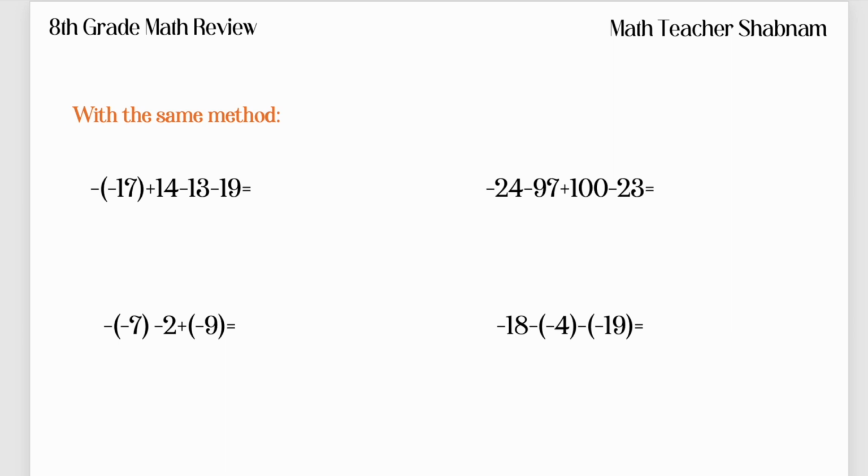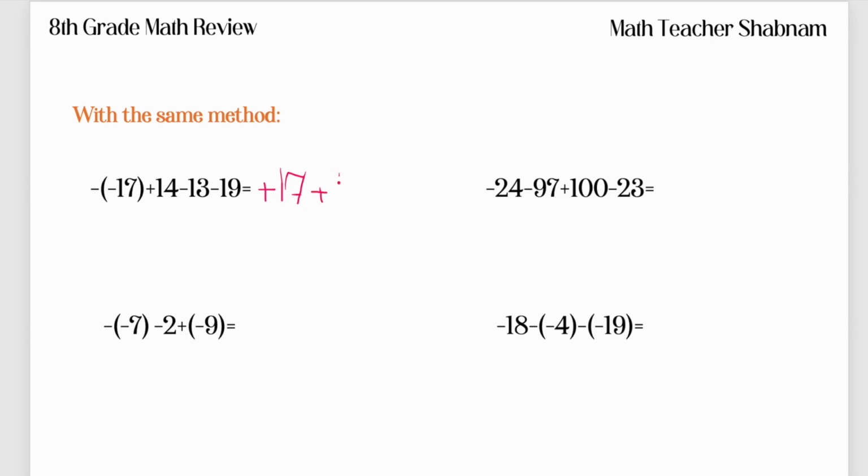Let's use the same method to answer more basic additions and subtractions. First, simplification. Negative parenthesis negative 17 is basically positive 17 because negative times negative is positive.